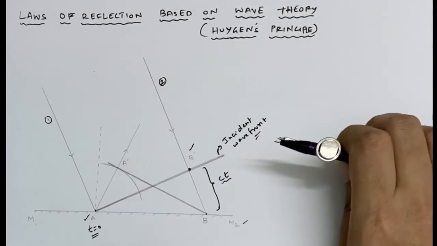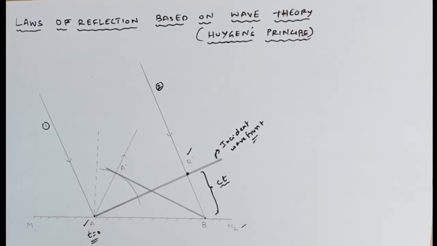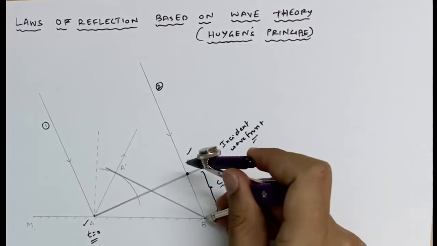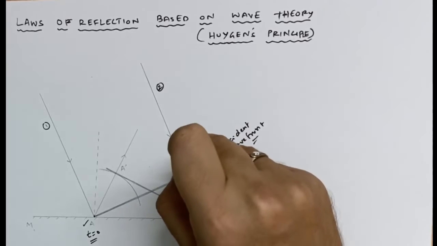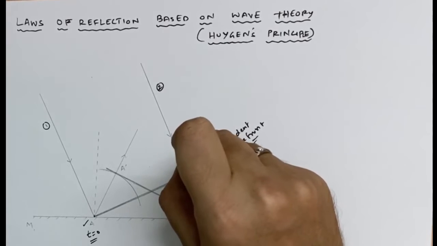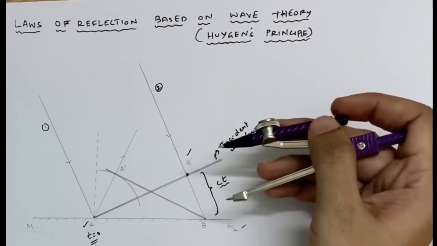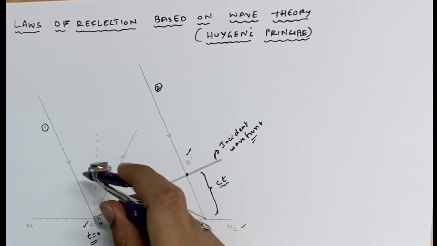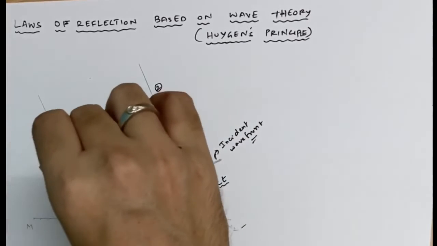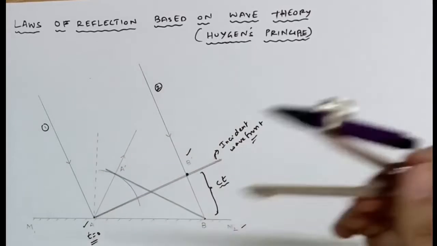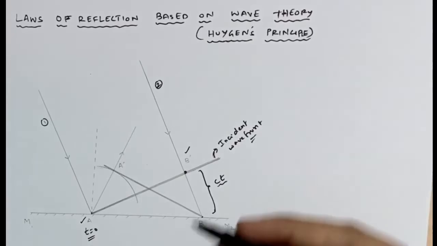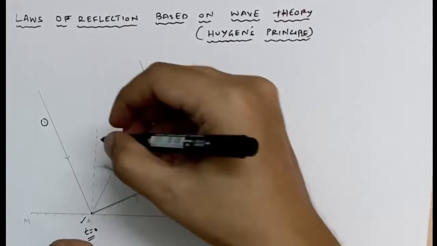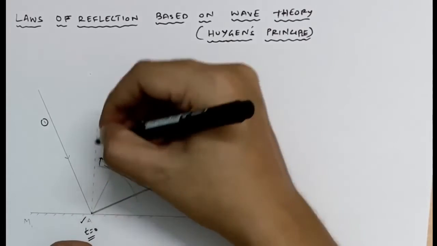For that, take a compass, measure B dash B, and with A as the center, cut an arc of radius ct. Then from the point B, draw a tangent to the secondary wavelet.